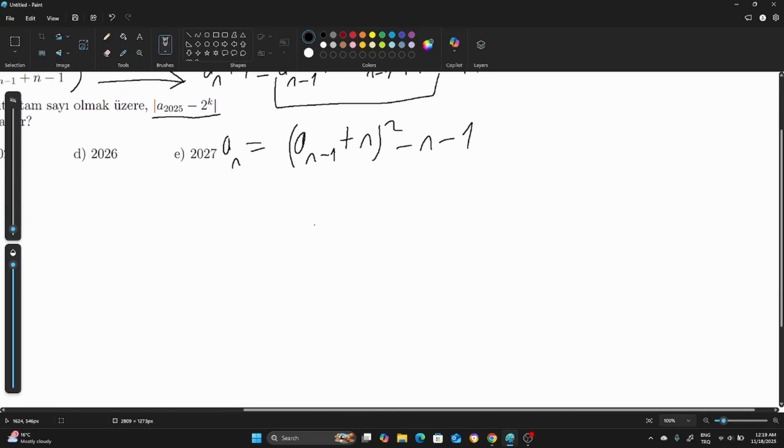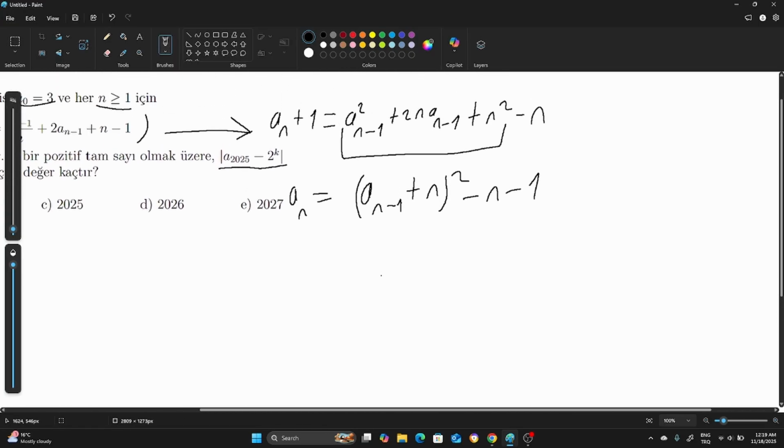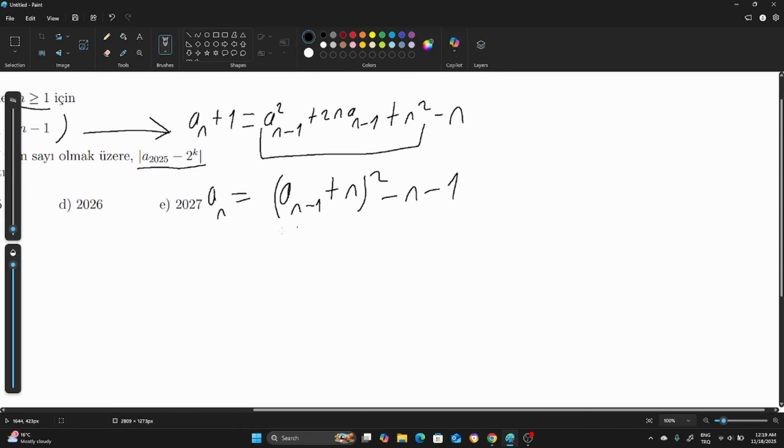Now here the easiest way to show is by testing. So let's say we know a0 equals 3, right? Let's find a1, shall we? Plug that in here. This is gonna be 0, this is gonna be 3. 4, 16, 15, 40. Yeah, a1 is equal to 40. Let's find a2.